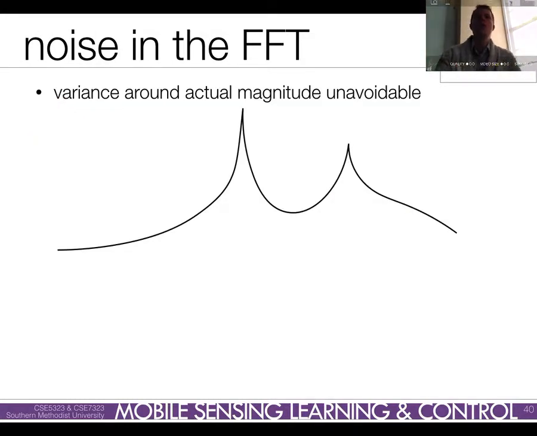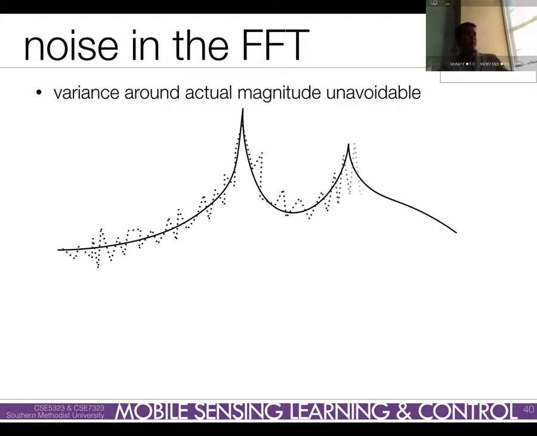One of the things that you will notice around here, especially when you're taking the magnitude of the FFT in decibels, is that there's variance around the actual magnitude, and that's unavoidable when you're using the FFT. All of that noise that we saw, even in the examples on real data, there was a lot of variance. The underlying FFT of the signal might look like this really nice curved line underneath, but what you're getting is a lot of variance around it.